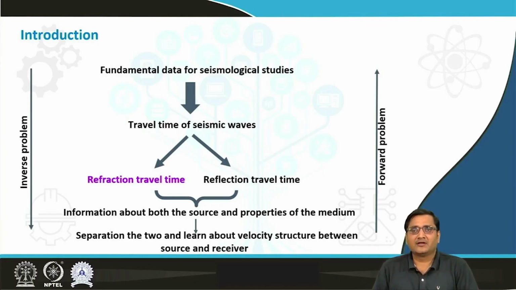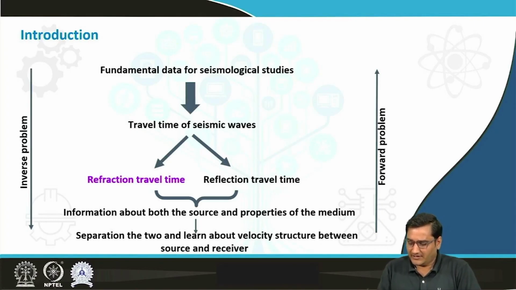These phases, when we record them, come at a particular arrival time. When we have the information about the origin time and the location of the source, we can find the travel time of the seismic waves. The travel time of the seismic waves we can record for the refraction data and also for the reflection data.